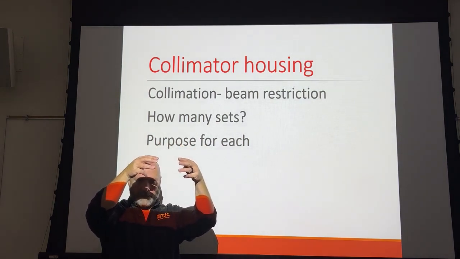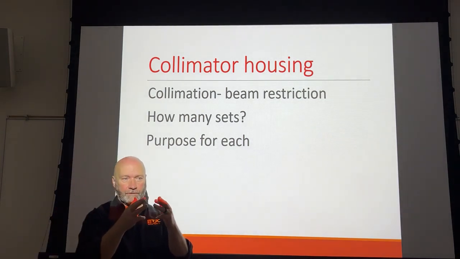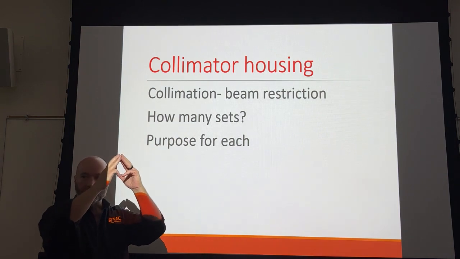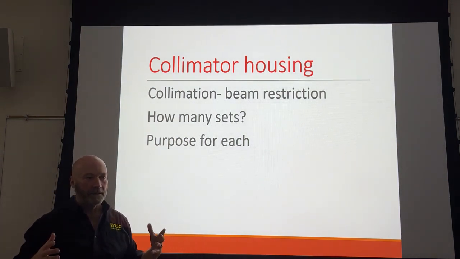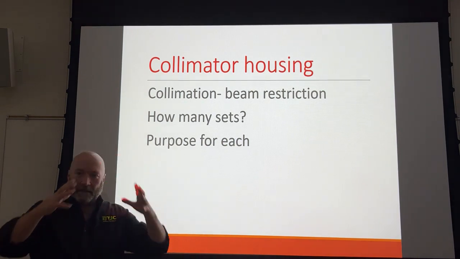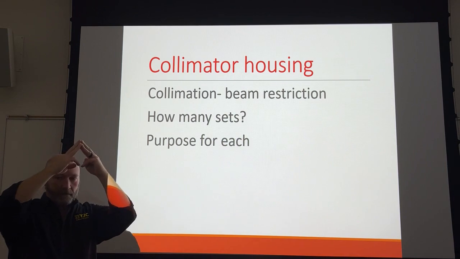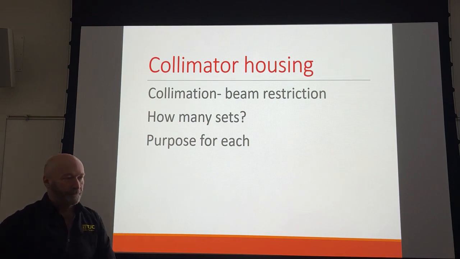Now the shape and the orientation of your multi-leaf collimator, they stick up towards the X-ray tube, so they follow the divergence of the X-ray tube relatively closely, right? They stick up towards the X-ray tube out of the top of the collimator housing. As you open them up, they spread out a little bit, and as you close them, they come together.